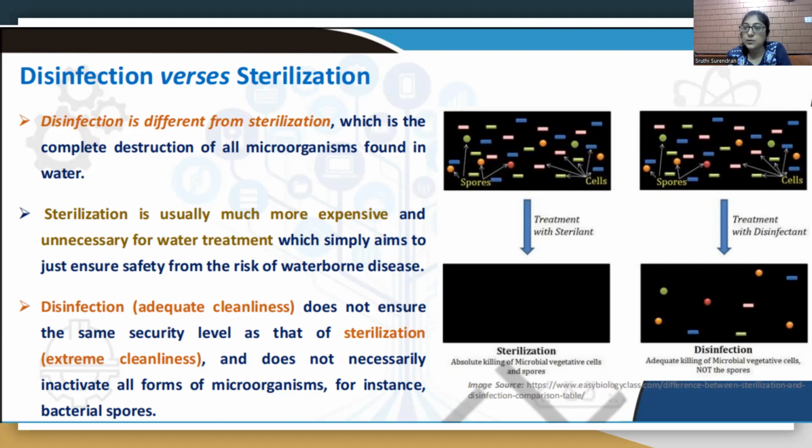Sterilization needs to be followed in medical fields, because during surgeries and similar situations, there is high risk exposure of our blood to microorganisms. In such conditions, sterilization processes are very important. But in water treatment, sterilization is not necessary. We can achieve our objective through disinfection itself. Waterborne diseases can be eliminated through the process of disinfection.